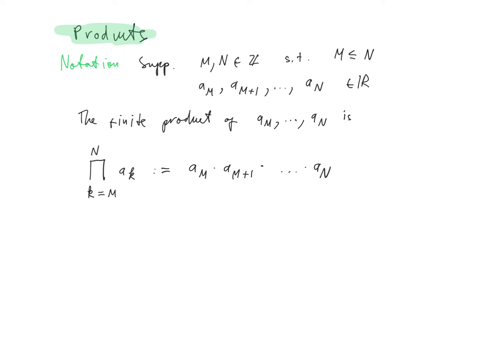So it's a long product, the product of all these numbers on the list, which is the same thing as the product of ak, where k varies through the list starting with m and ending with n.